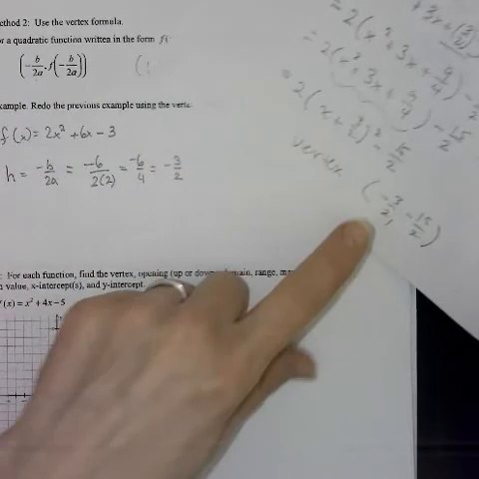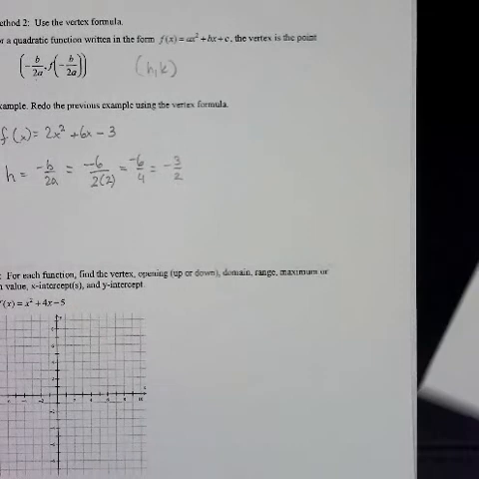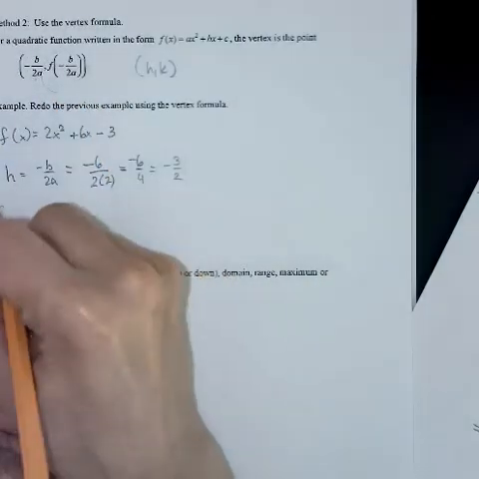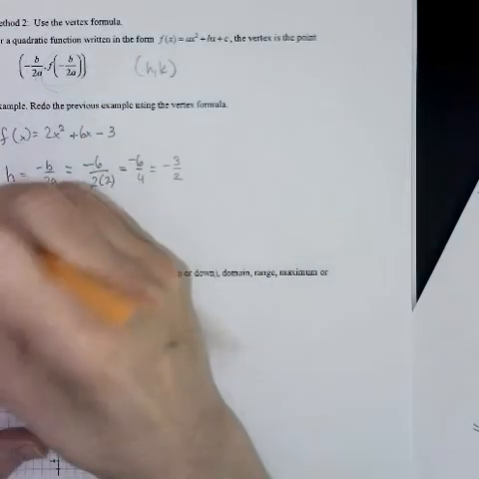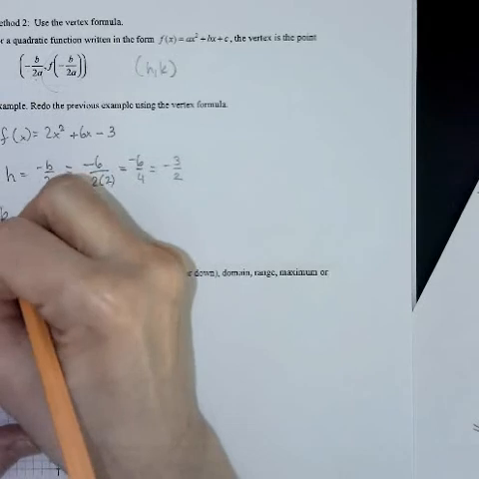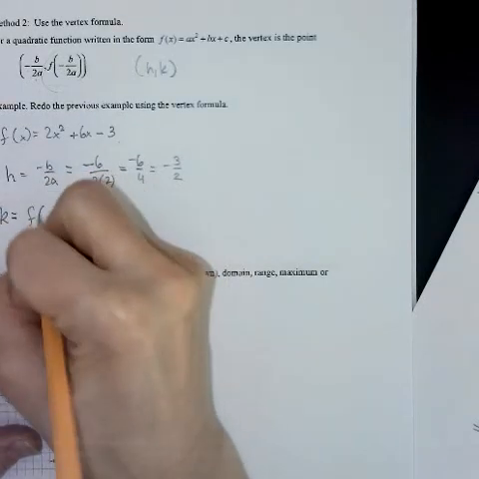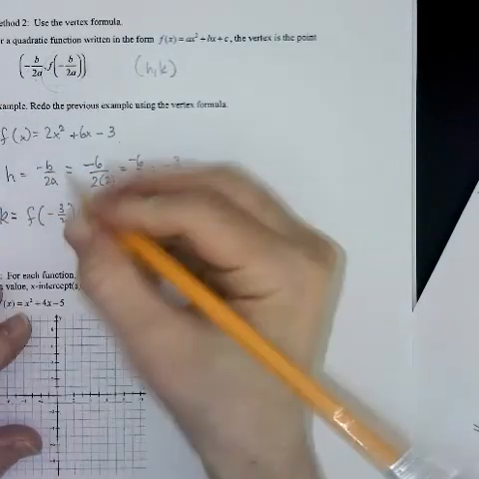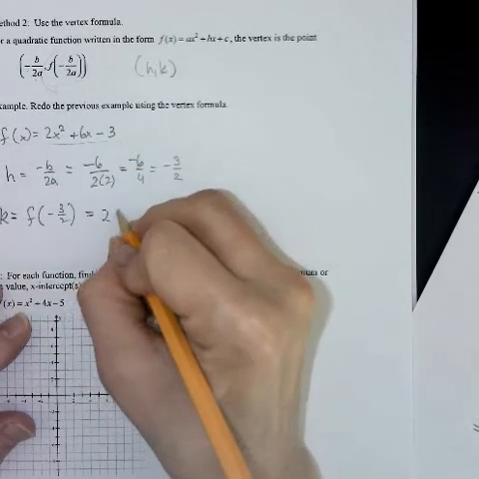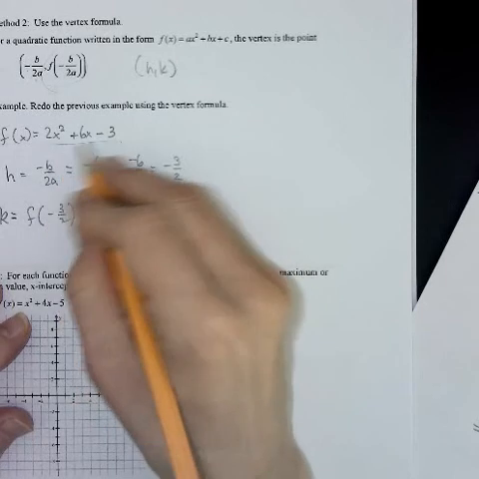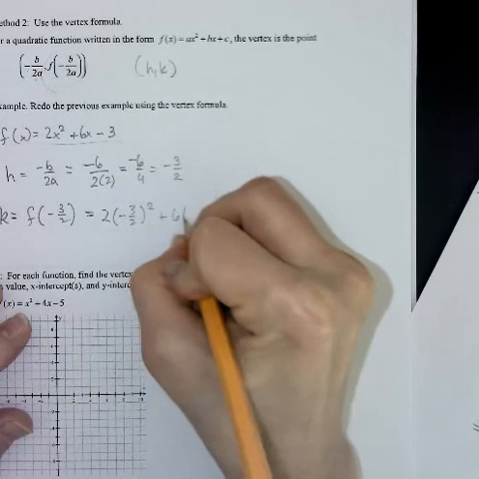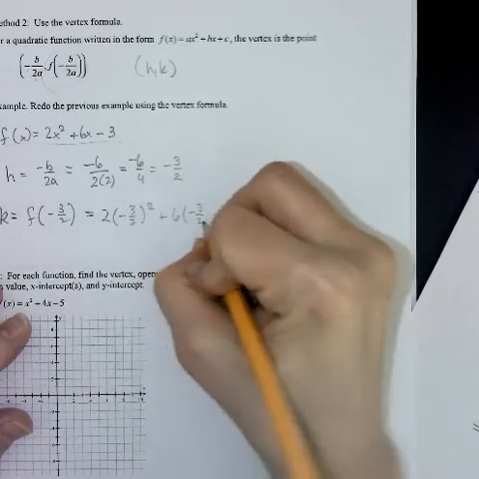Then the y-coordinate, this looks kind of messy, I guess, but that just means plug in whatever number you get here. So k is f at negative 3 halves. We just plug that into 2x squared plus 6x minus 3, so we've got 2 times negative 3 halves squared plus 6 times negative 3 halves minus 3.